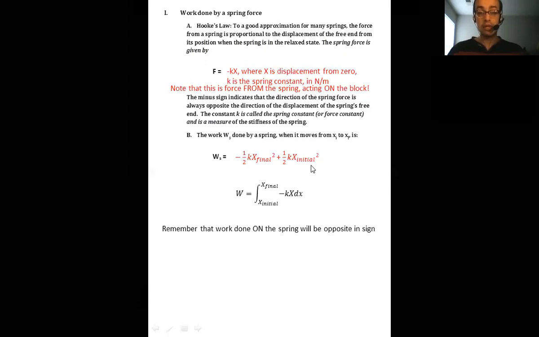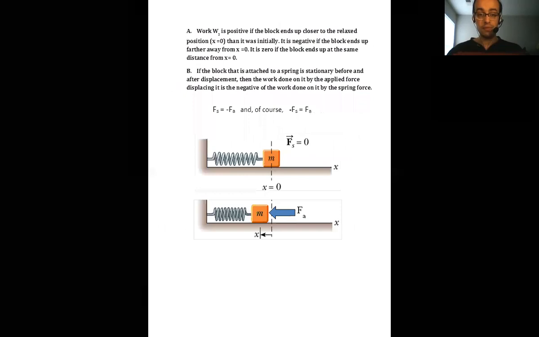And that makes sense because when we're looking at work done by the spring, the work done by the spring is negative if x final is greater than x initial, and vice versa. It's kind of a quick sanity check. Work, W sub S, is positive if the block ends up closer to the relaxed position than it was initially. And again, that is for work that is done by the spring on a mass.